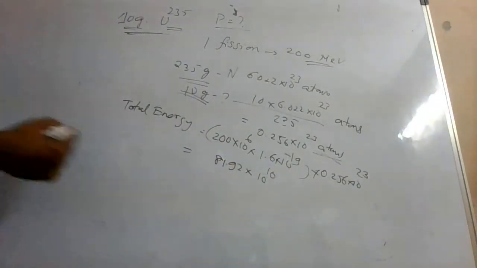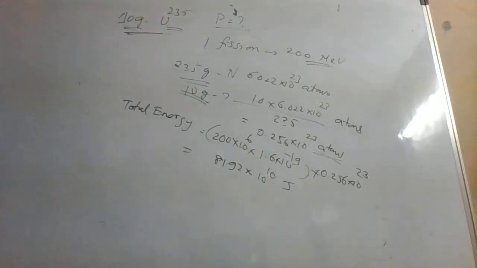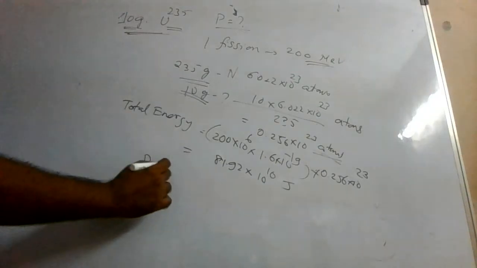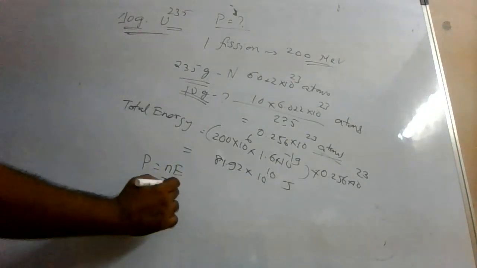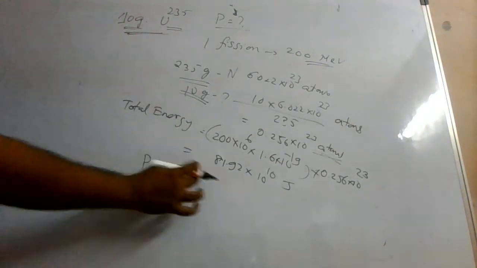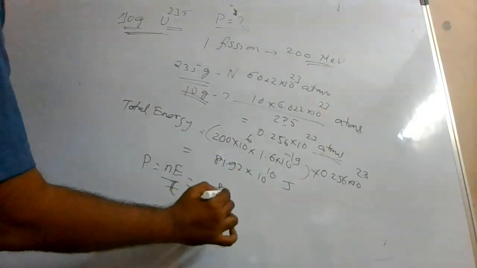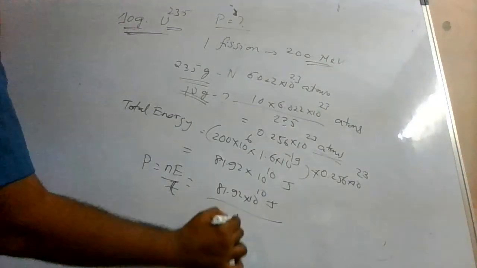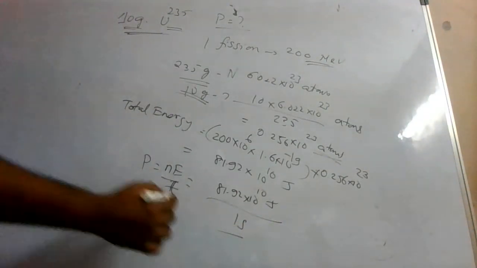What is this? Joules. If the whole process happens in 1 second, what is the power output? The power output will be nE by T. So this value, 81.92 into 10 to the power of 10 joules per 1 second. Joules per second is watts.